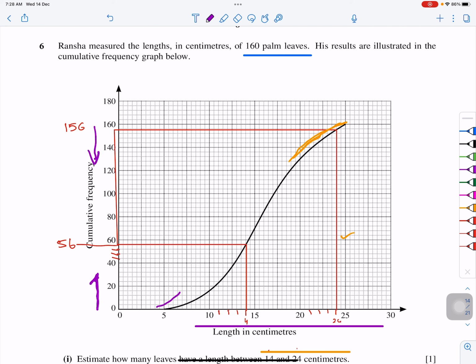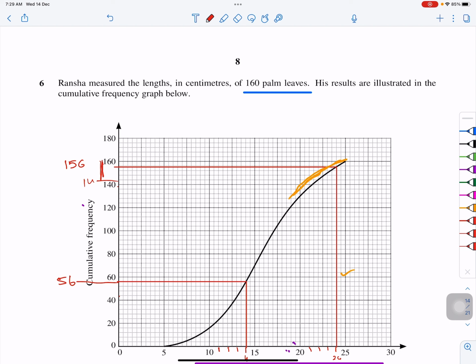So let me erase this also. Okay, so 140 is here, so 144 will be here. It means 144 to 160, these are the leaves, because these are 16 leaves which have length more than L.